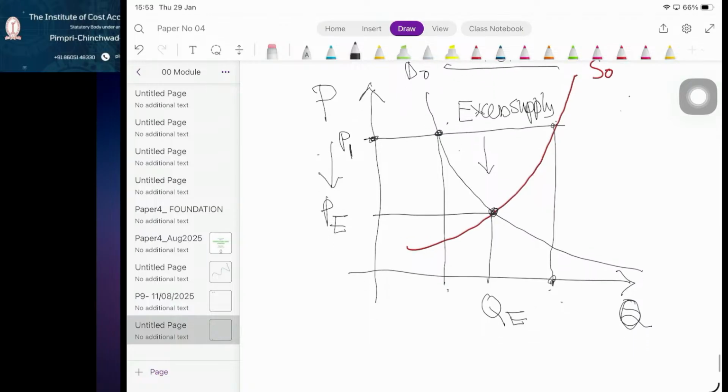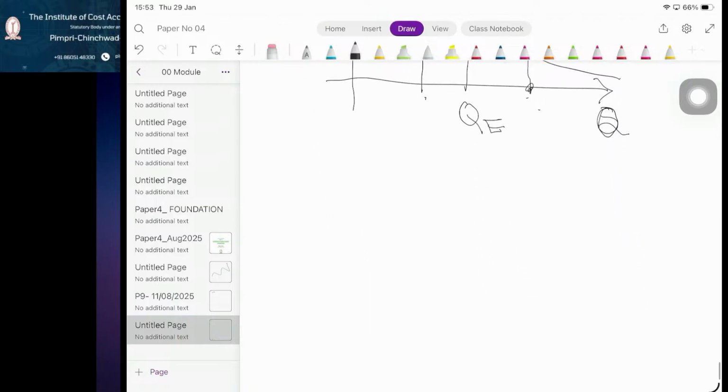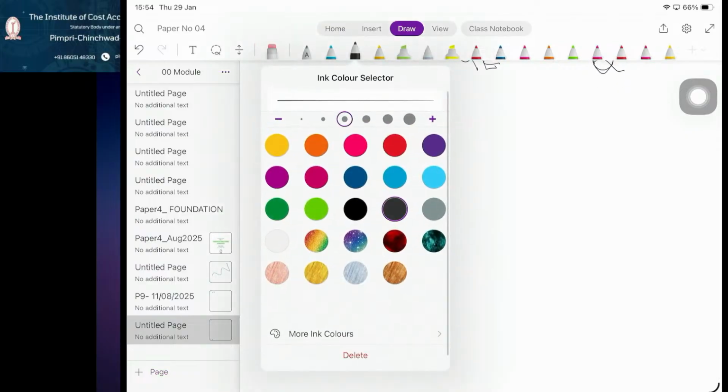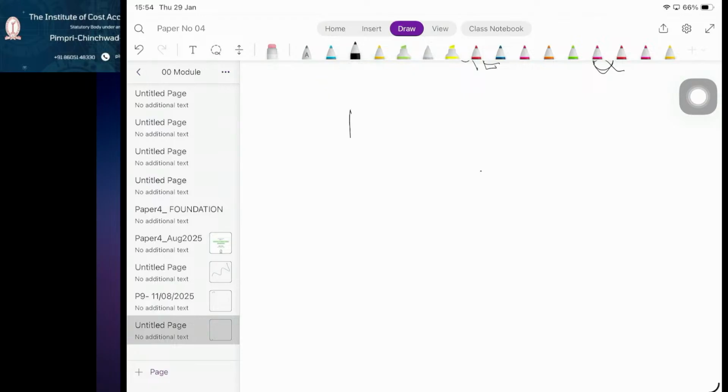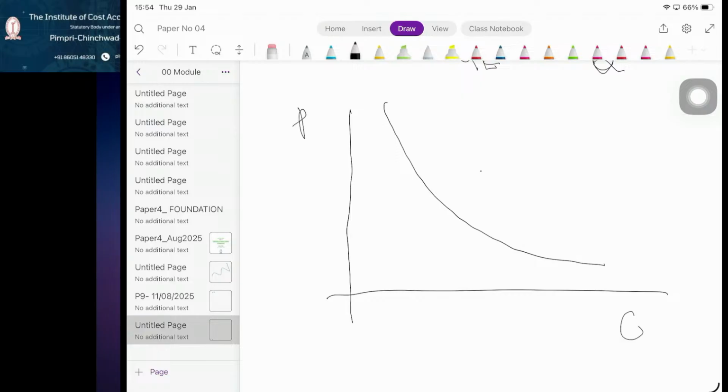Okay, so think like this. What would happen in a situation like this? This is price and this is quantity.